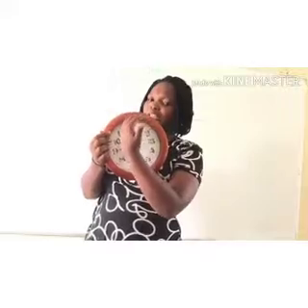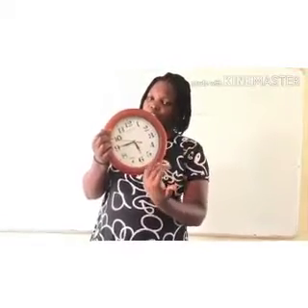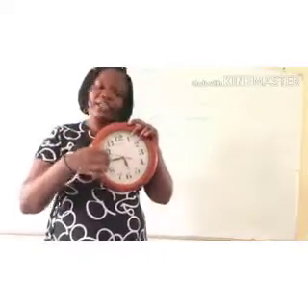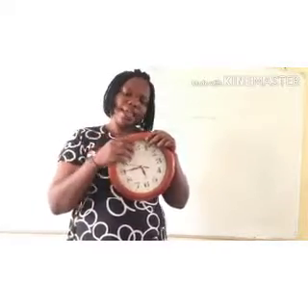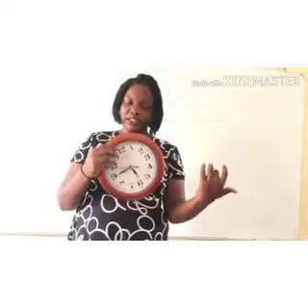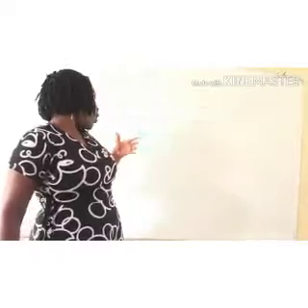That is, it is after 12. So generally we can say, in telling time to a quarter hour, when the minute hand is at 3, it is a quarter past. And when the minute hand is at 9, it is a quarter to.